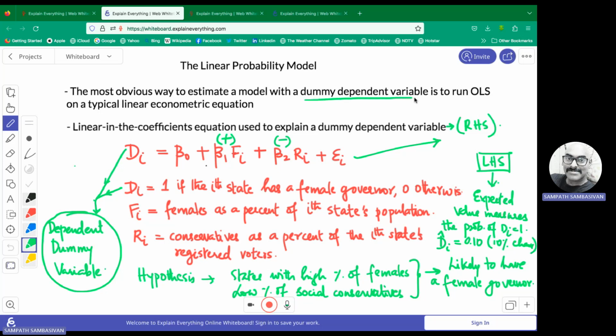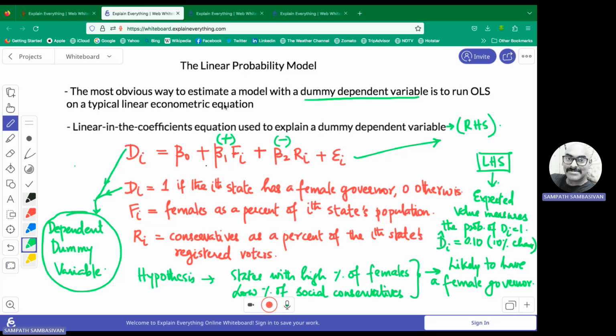When your dependent variable is a dummy variable, how do you model such a case? That's what we are trying to understand here. The easiest way is to just incorporate the dummy dependent variable and run a typical OLS regression, and that's what we call the linear probability model.